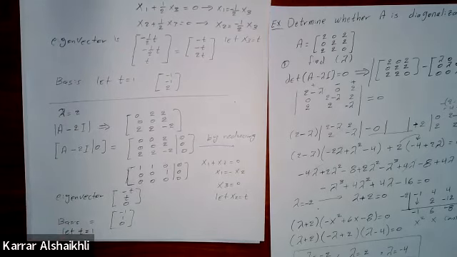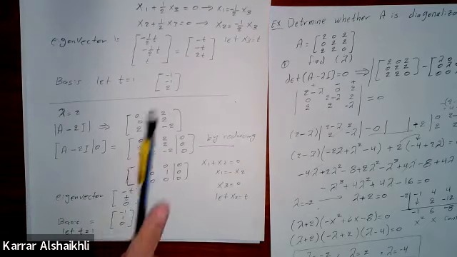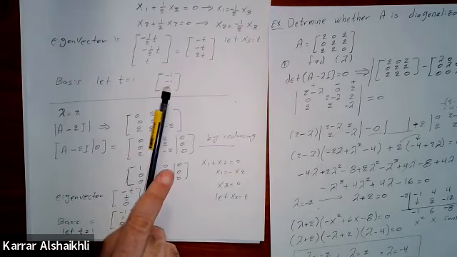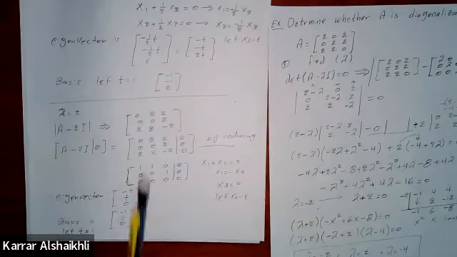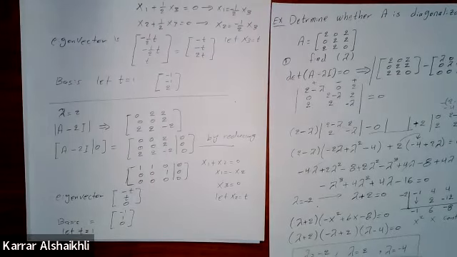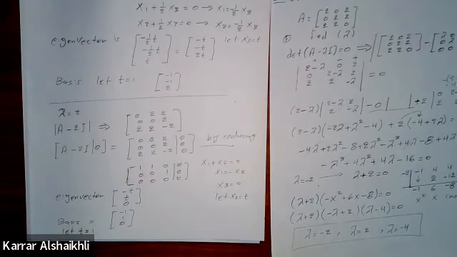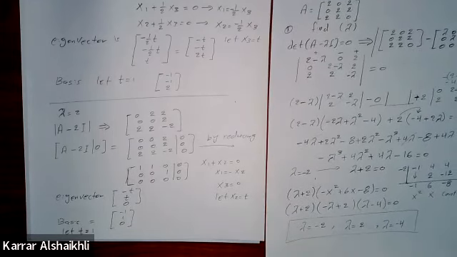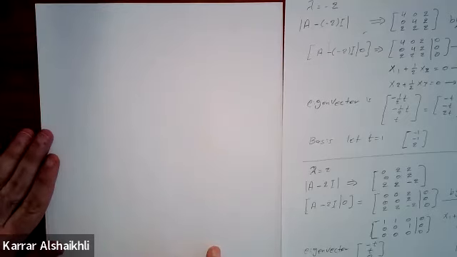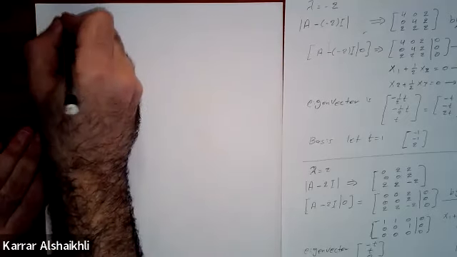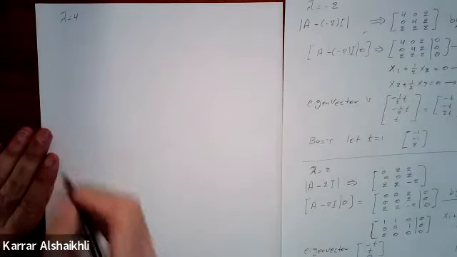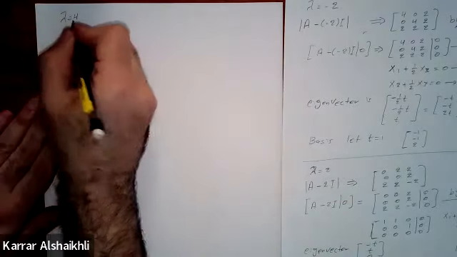So let's go back. P is the eigenvectors. That means here is the first column for P, and here is the second column for P. You need to find the third column of P by using lambda equal 4. So when lambda equal 4, again we're going to plug in.